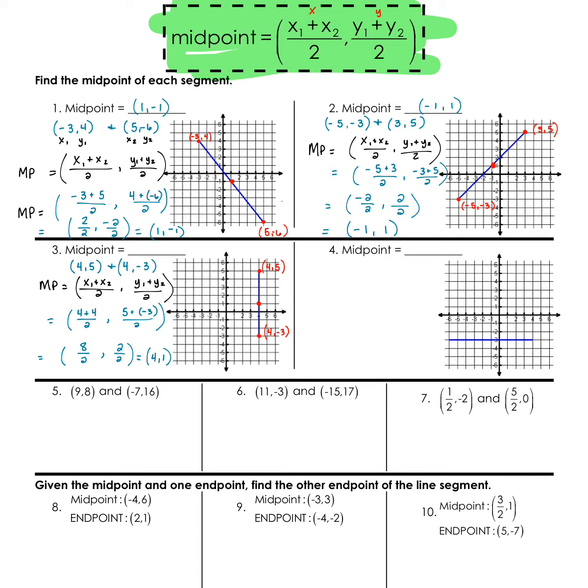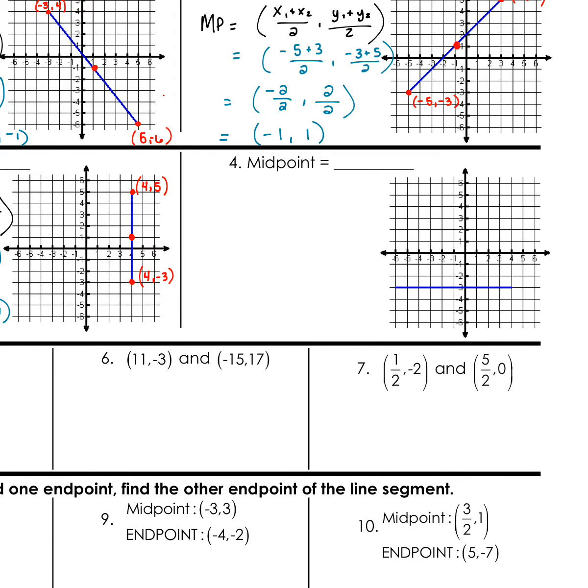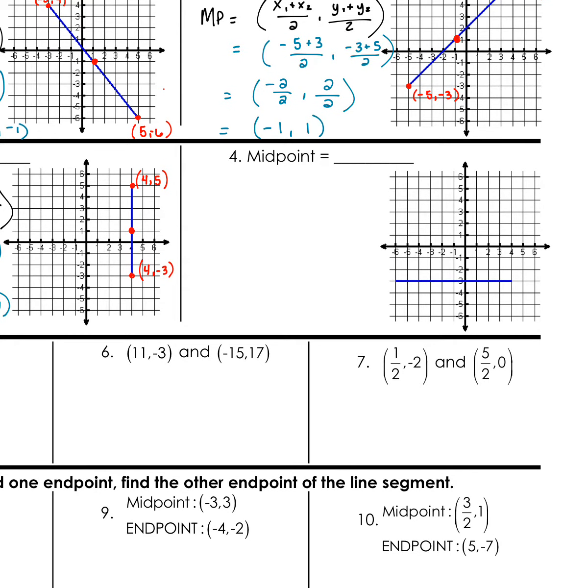So that was a vertical line. That's a no slope line. The next one's a horizontal, which is a 0 slope line. So our points look to be, what is that, negative 6, 3. And then 4, negative 3.